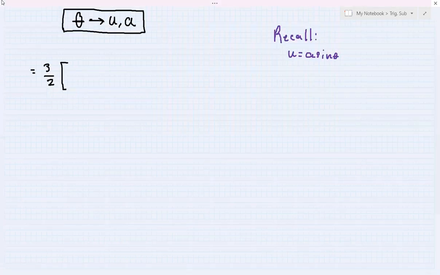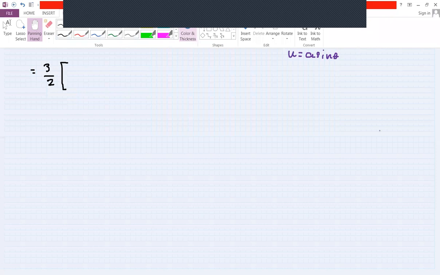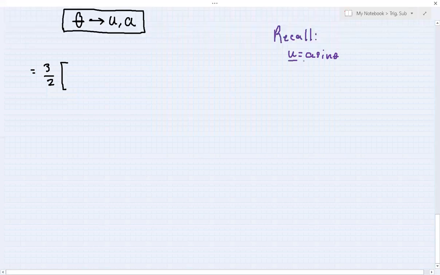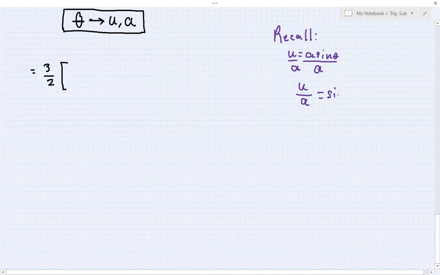So, let's divide a both sides. Ang mangyari dyan, you will have u over a is equal to sin theta. Alright? And paano natin kunin tong si theta? How can we get theta? We will get theta by using inverse trigonometric function. So since ginamit natin dito si sine, therefore we're going to use arc sine.